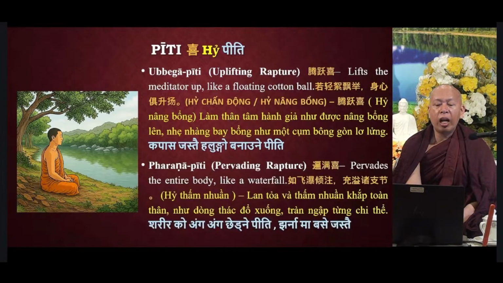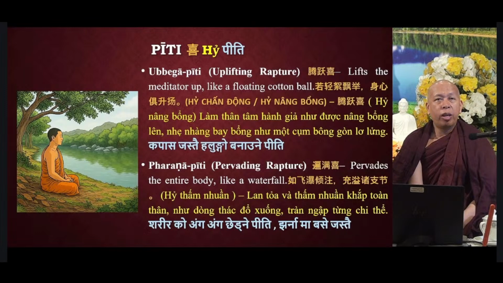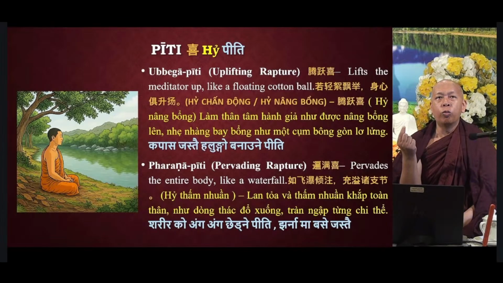And now here we have the last part, Pharana piti, pervading rapture. Pervade the entire body like a waterfall. It will be like a waterfall at very high speed. It will pervade all over the body. We also have a simile, I have already mentioned before. We have very fine cotton wool dipped in clean and pure oil.